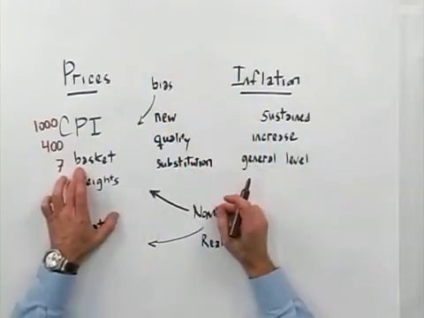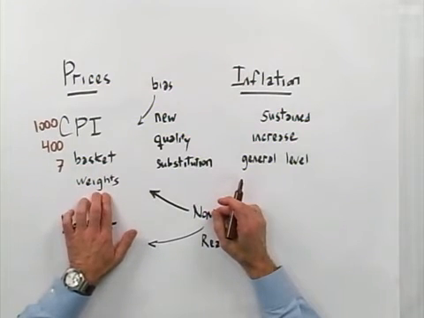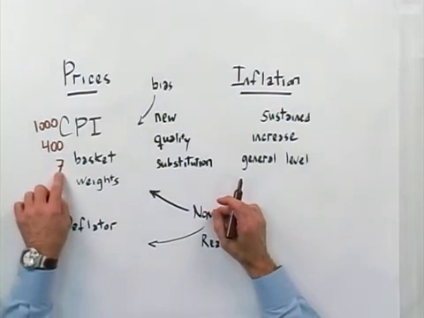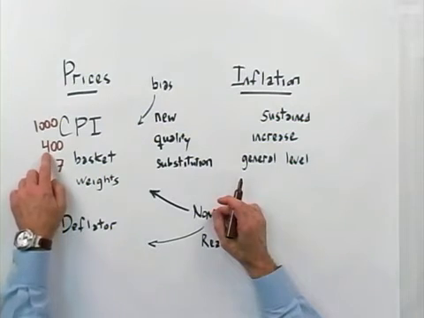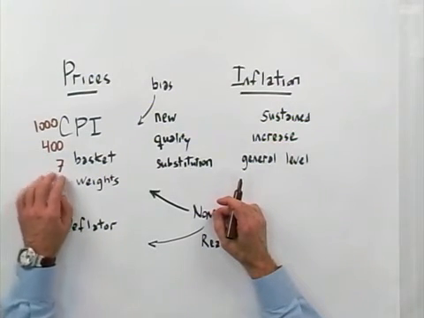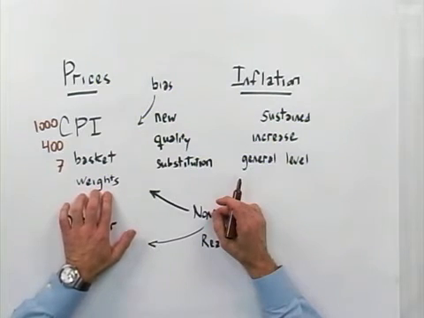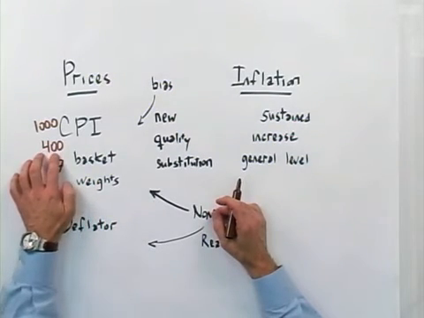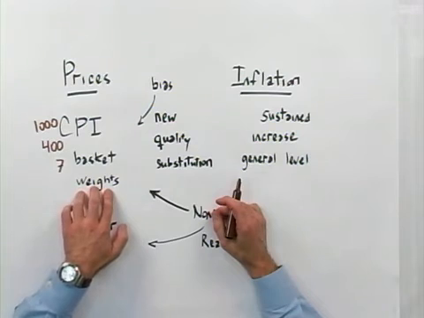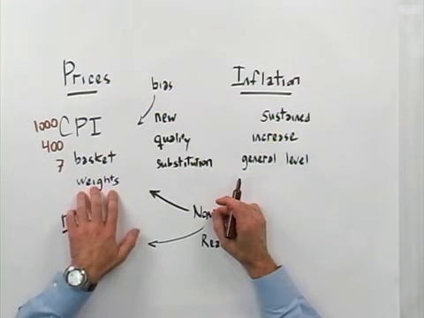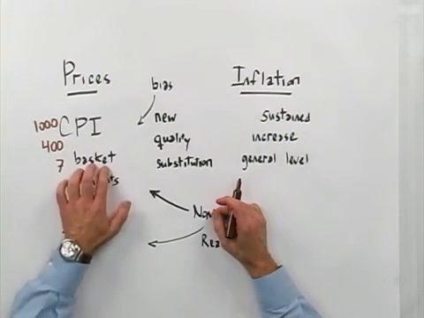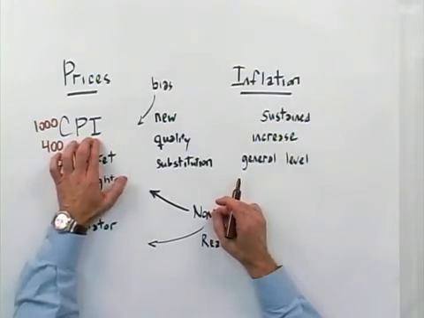Now, within the basket are weights. So each of the 7 groups, indeed each of the items, of the 400 items within the 7 groups, is given a weight. That is, how much relative to the other 400 goods should the weight of that price be in the basket of goods that contributes to the index.